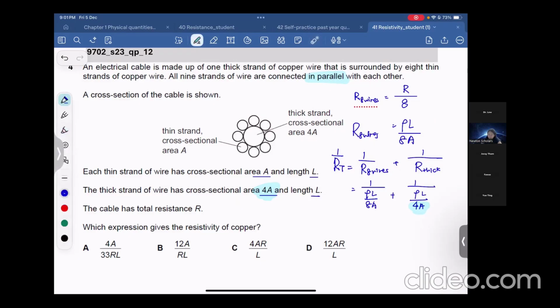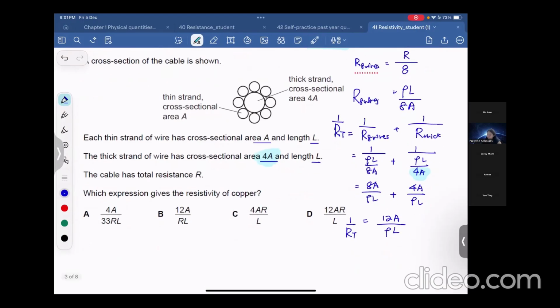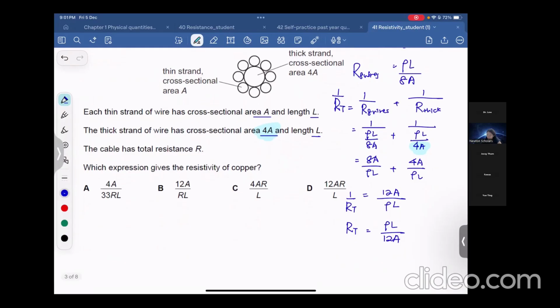Then upside down: A over rho L plus 4A over rho L. So I got a total of 12A over rho L. This is 1 over RT. So your RT, upside down again, is rho L over 12A. So what is the resistivity?